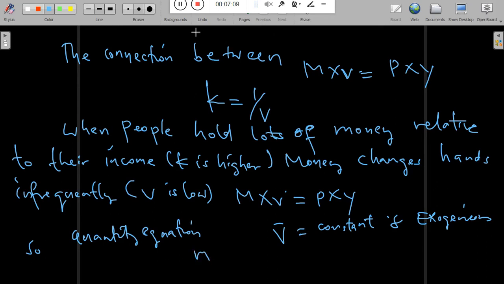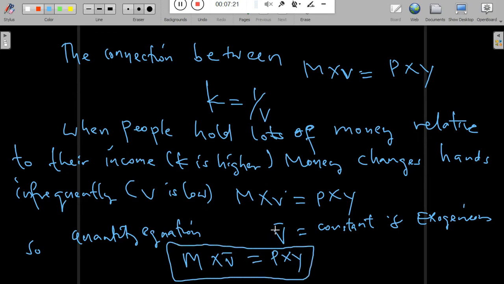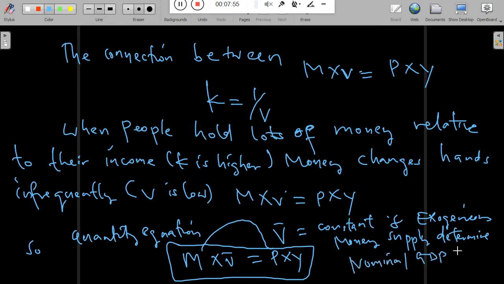So when the velocity is kept constant, money supply has a direct relationship with nominal GDP, as you can observe. When money supply increases by a set amount, the nominal GDP also increases by the same amount. So money supply here determines the nominal GDP, that is P times Y.